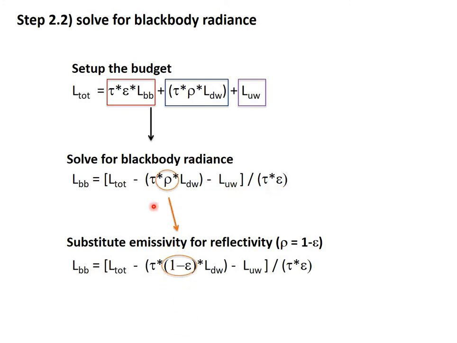In particular, we want to get rid of the reflectivity. We're going to use the equation we derived in the first part of this lecture to swap out reflectivity for 1 minus emissivity, using that unit sum we developed earlier. All right, so we've gotten rid of reflectivity down to here.